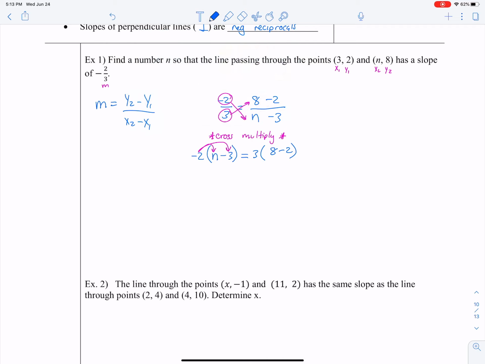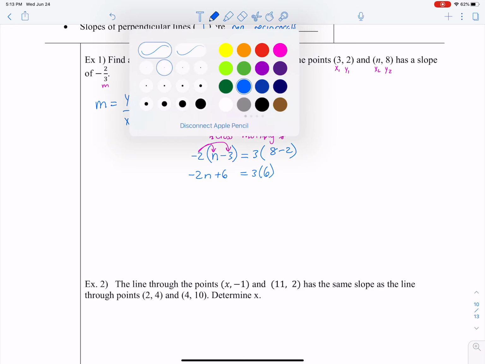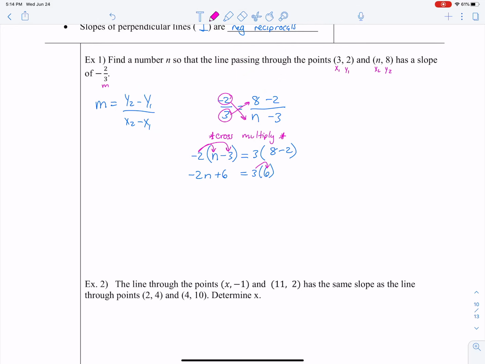So this becomes negative 2n plus 6, because we have negative 2 times negative 3, which gives us a positive. And then we get 3 times 6, so 8 minus 2 gives us 6. So then we can multiply 3 times 6. We get 18.